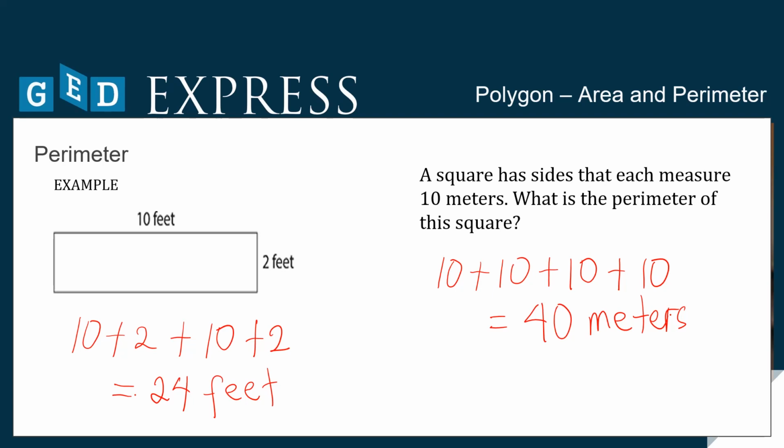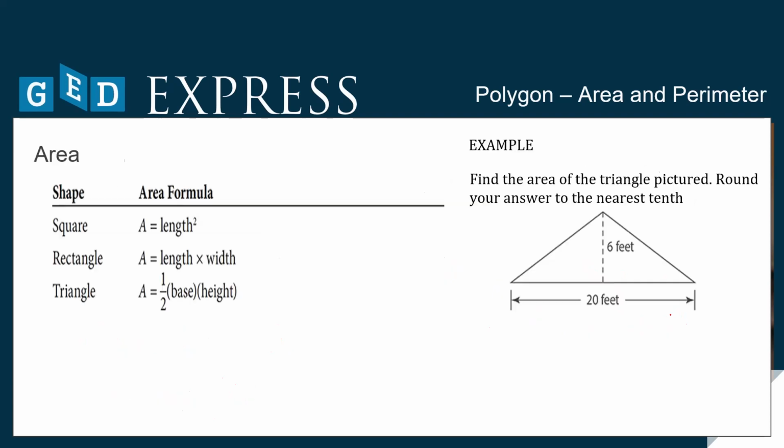To find the area, there are different formulas for different kinds of polygons. Memorize the following formulas because they will be given to you on the GED test. The area of a square is equal to the length to the power of 2.